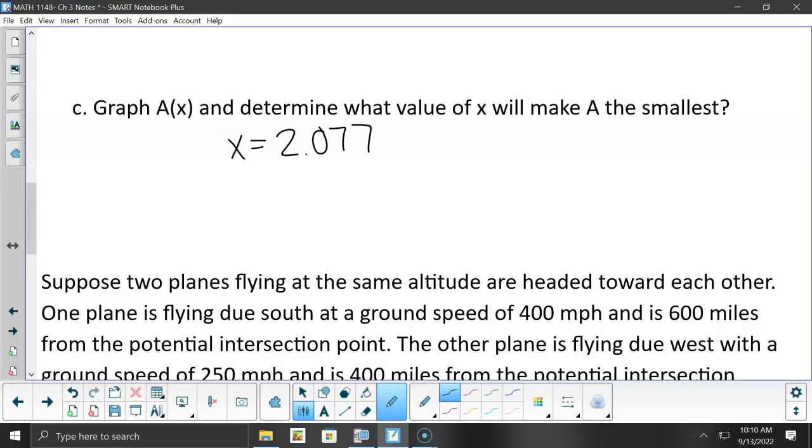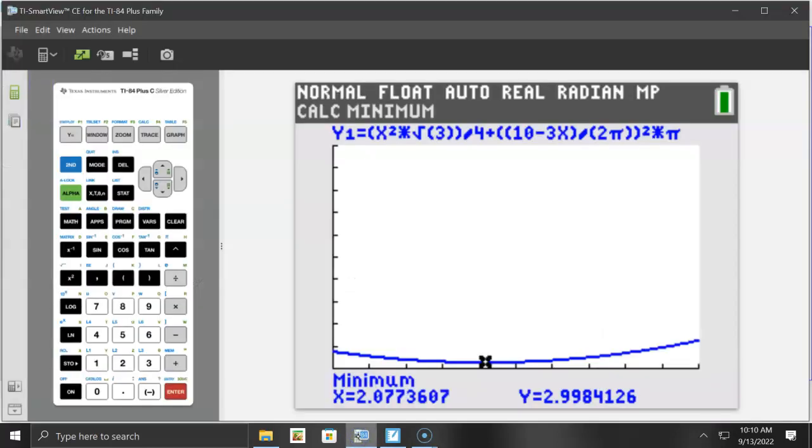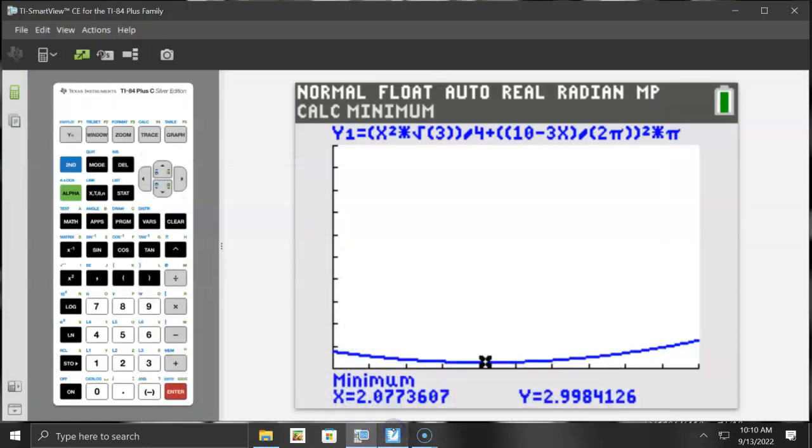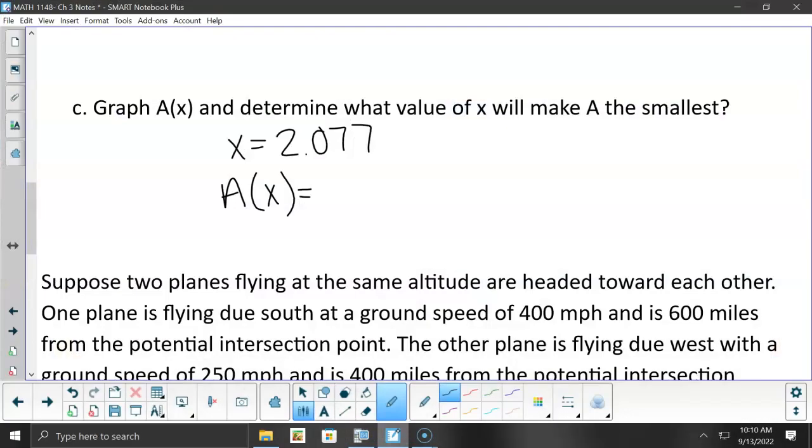Move the bug to the left of where your minimum is, hit enter. Move the bug to the right, hit enter, and then the third one is guess. So you're telling the calculator, looking between here and here, find the lowest value. Then press enter again. What was that again? 2.998.